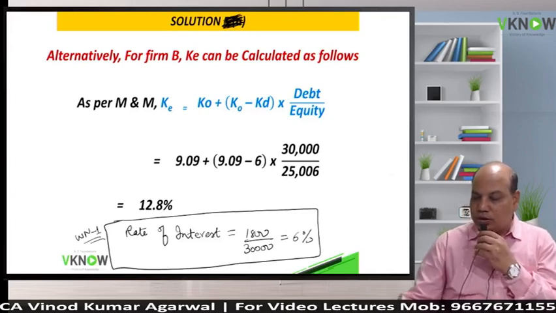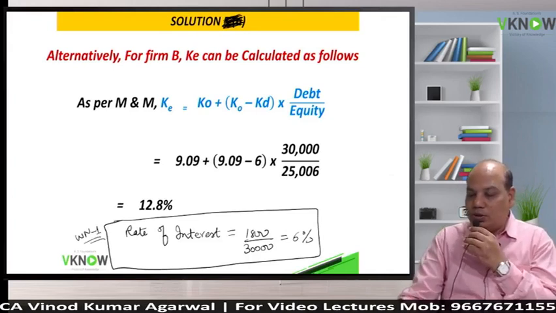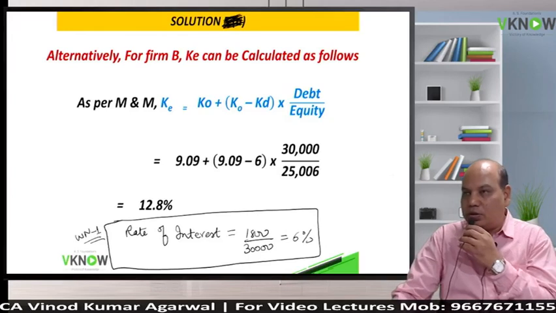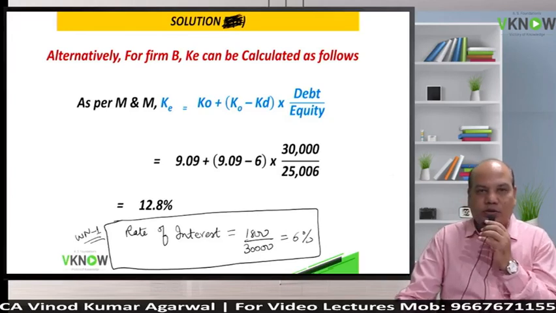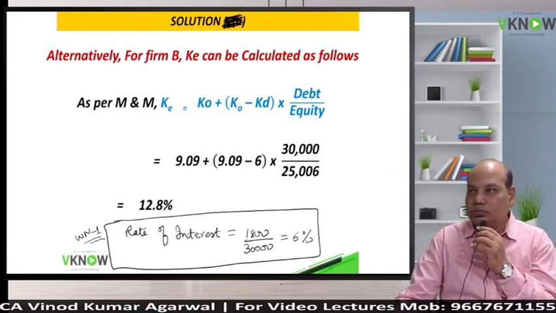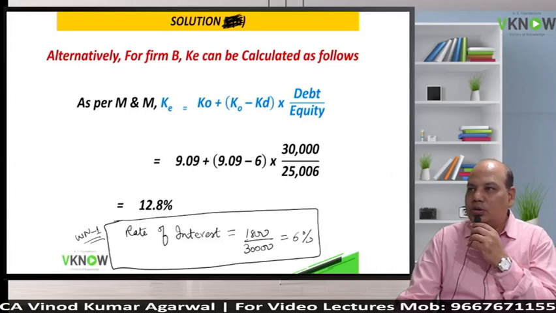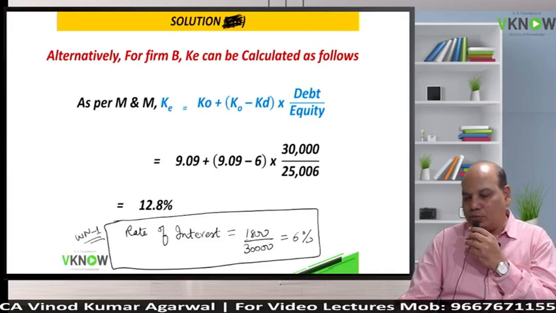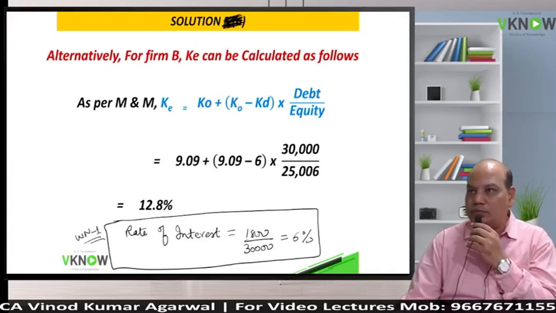So first you write down 9.09 plus 9.09 minus 6 into 30,000 divided by 25,006. So that comes to 12.8%. Is it tallying with your tabular format answer? Right. So both ways you can solve cost of equity of a levered firm.